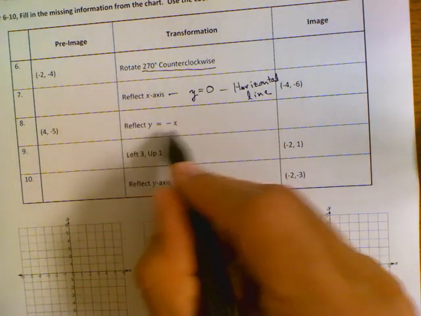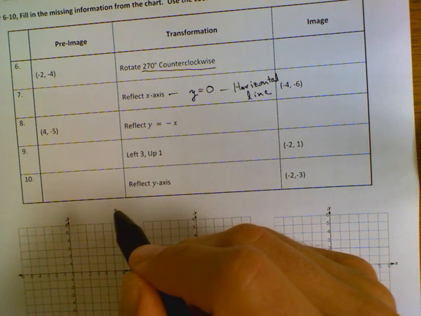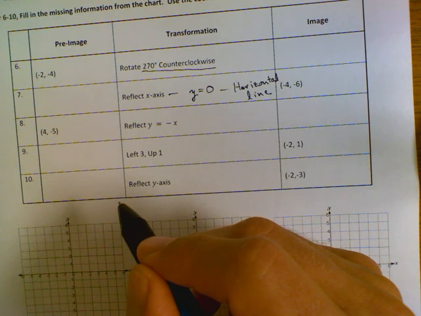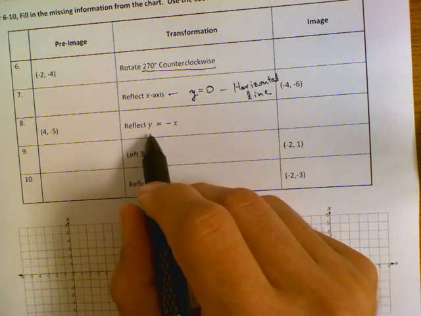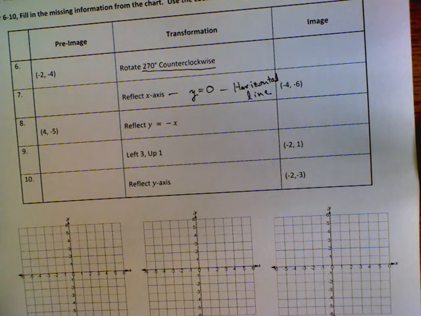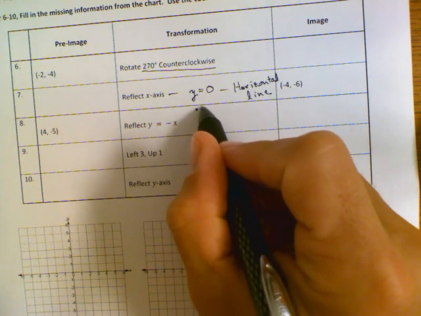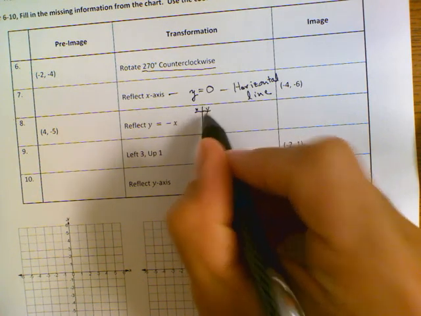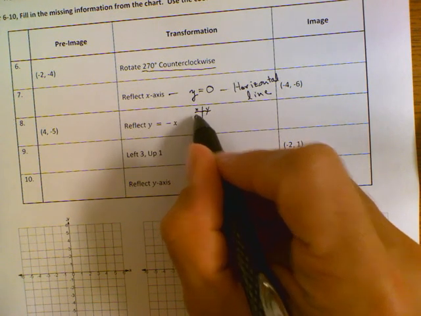Ooh, y equals negative x. Well, I haven't looked a ton at that, but let's see if we can figure that out. If y equals x, if that rule is just to switch them, then y equals negative x would be to, well, let's think about the table. All right, so plug in x values and y values. Let's say 0 for x, and you would get 0 for y.